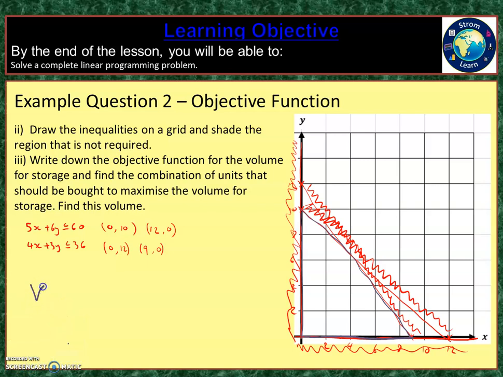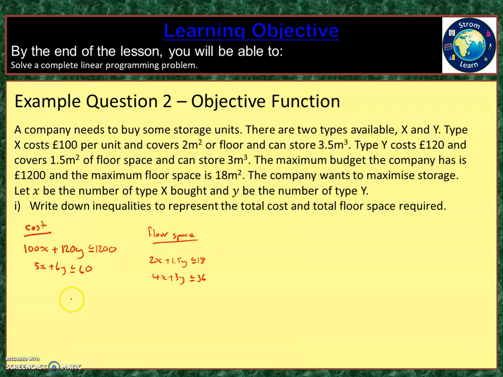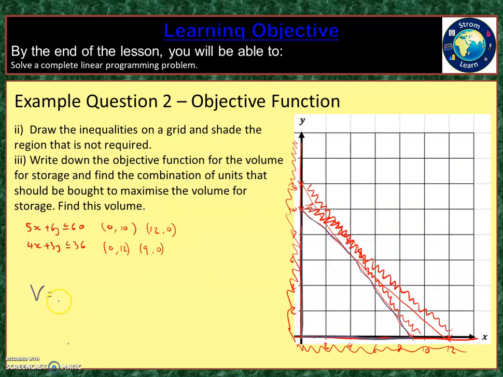The volume V is going to be equal to, well, let's just go back and see what it said about the volume. Type X could store 3.5 and type Y could store 3. So the volume is equal to 3.5 times the number of X units added to 3 times the number of Y units.